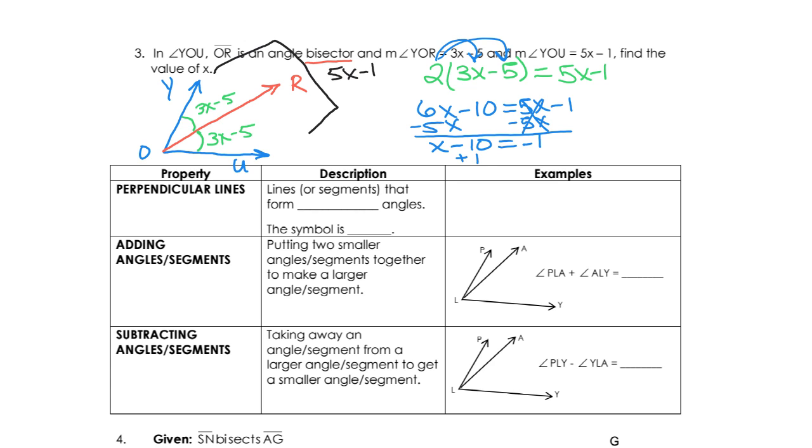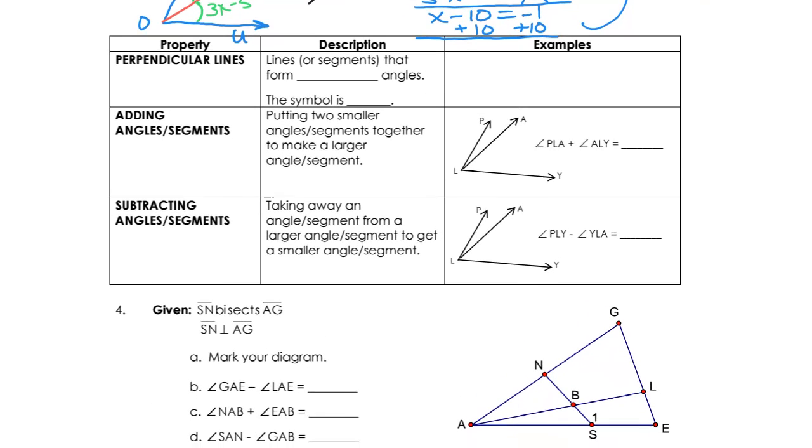We're going to go ahead and add our 10. And we end up with x equals 9. And we found the value of x, and that is all this one wanted us to do. Again, we could plug in and double check that things make sense and work out, but that is all that they asked for in this one. So we're going to go on and see what they have next.